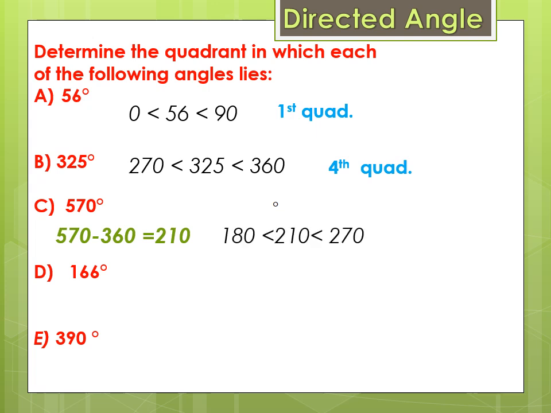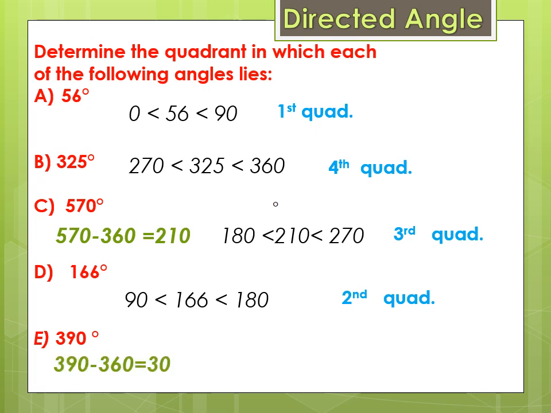So 210 is equivalent to 570. So 210 between 180 and 270, so in third quadrant. 160, yeah, it's easy, between 90 and 180, second. But 390 bigger than 360, so 390 minus 360, you will get 30. 30 between 0 and 90, in first quadrant.